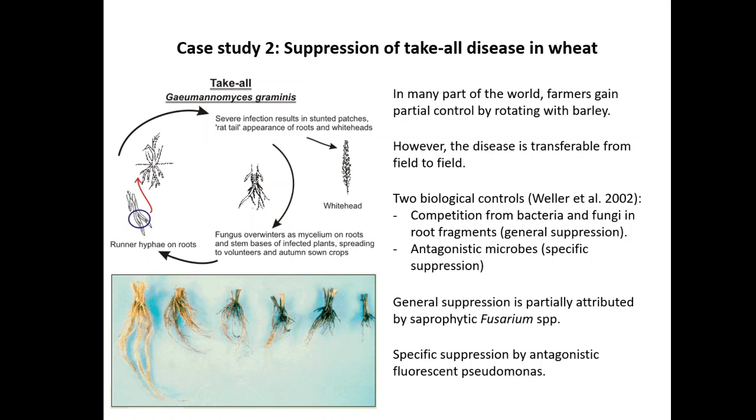The fungus Fusarium is more efficient at obtaining energy and nutrients from decomposing residues than the take-all pathogen, thus reducing the amount of Gaeumannomyces graminis inoculum that could infect the next wheat or barley crop.